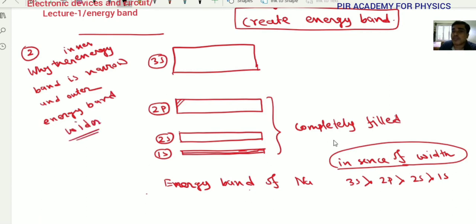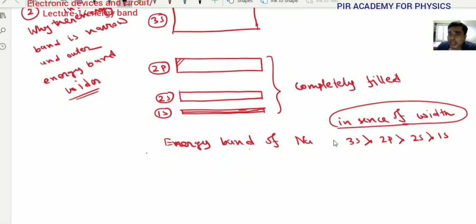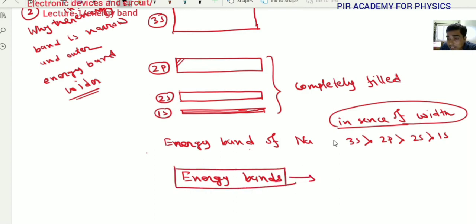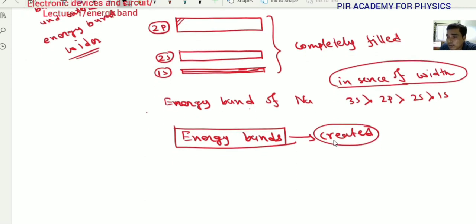Okay, wider. Because this energy band is created by the interaction of energy levels.